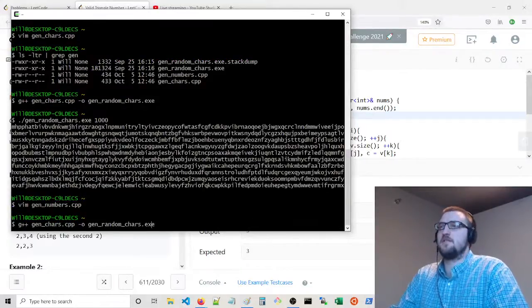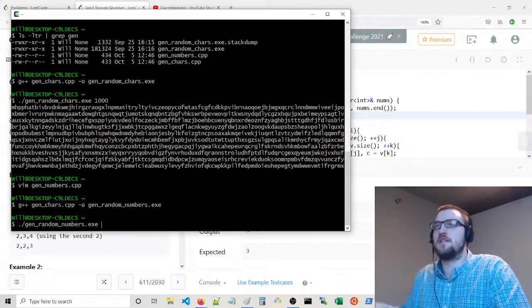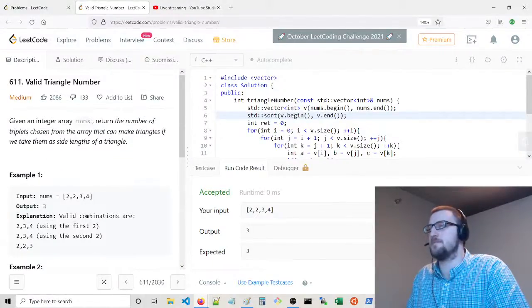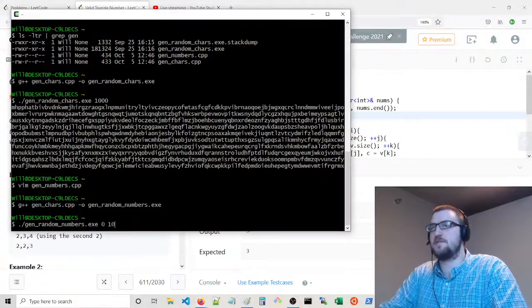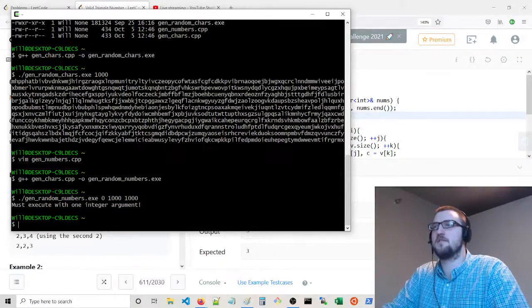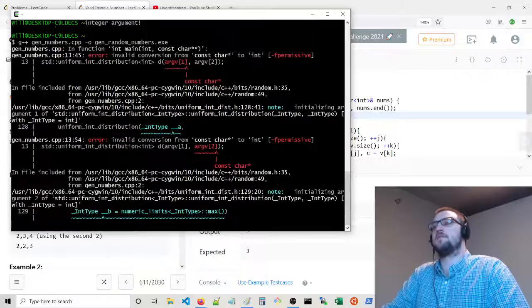And we can compile random numbers, executable, see if that compiles. It does. And now we want numbers between 0 and 1,000, and there's going to be 1,000 numbers. So 0, 1,000, 1,000. Oh, I did that wrong. Gen numbers now. Oh, it didn't compile.